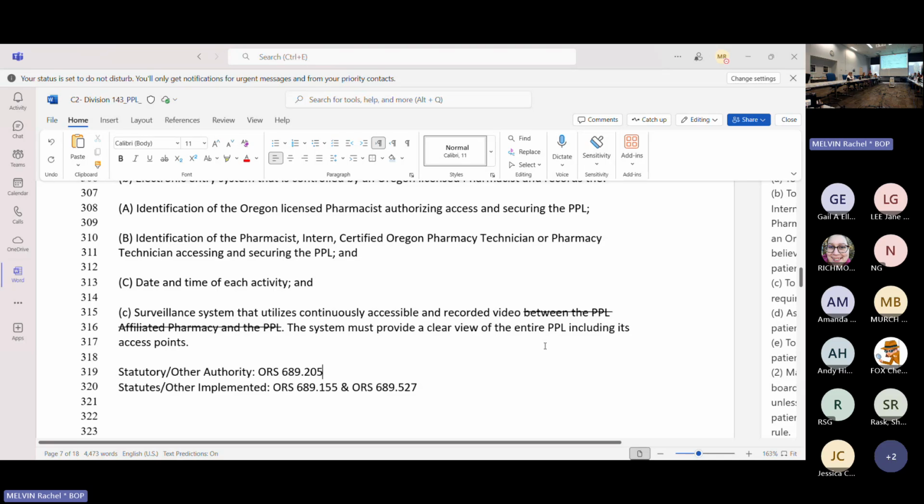I think the thinking back in 2021, when we had a different board makeup, was that we wanted to treat it as an ATM, where you have a transaction of sensitive items, money or medications, and you wanted to have the security image there. And then some of the thinking was, oh, we need a camera overlooking the machine from above and all this stuff.